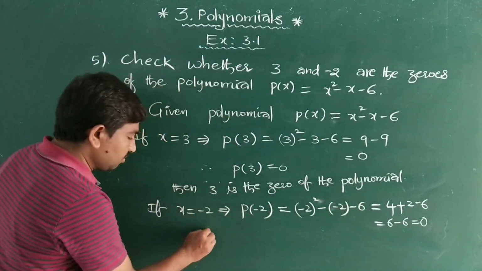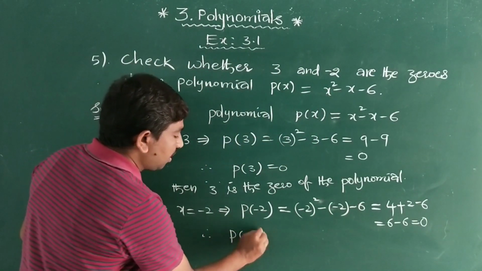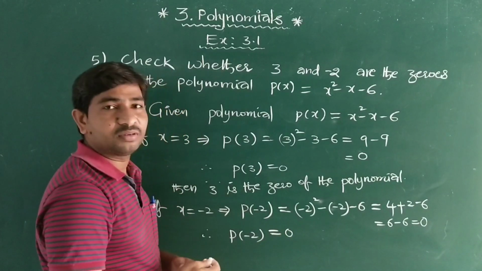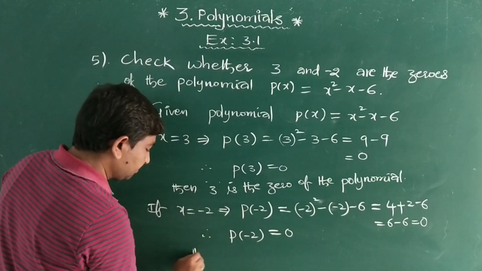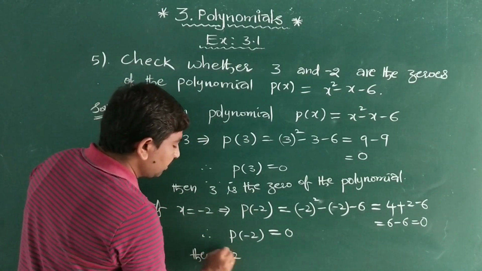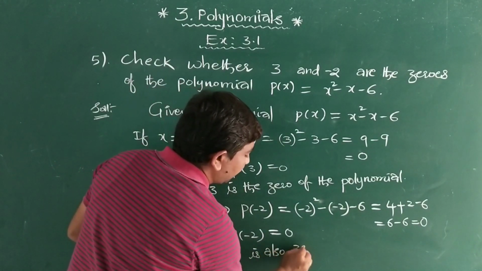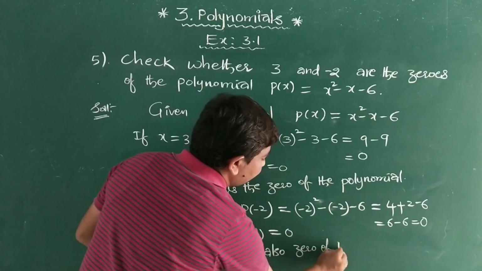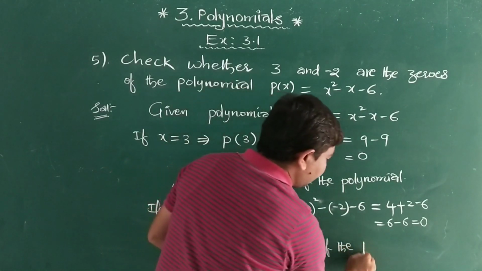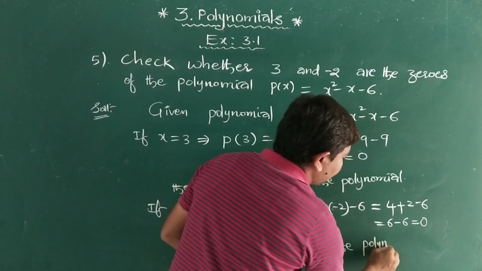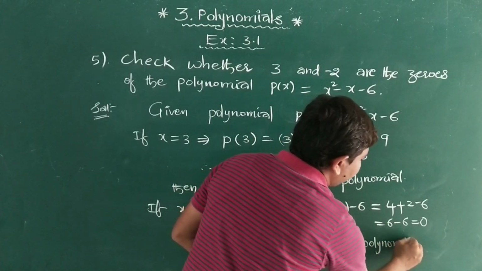So for p of minus 2 also we are getting 0. Therefore, minus 2 is also a zero of the given polynomial.